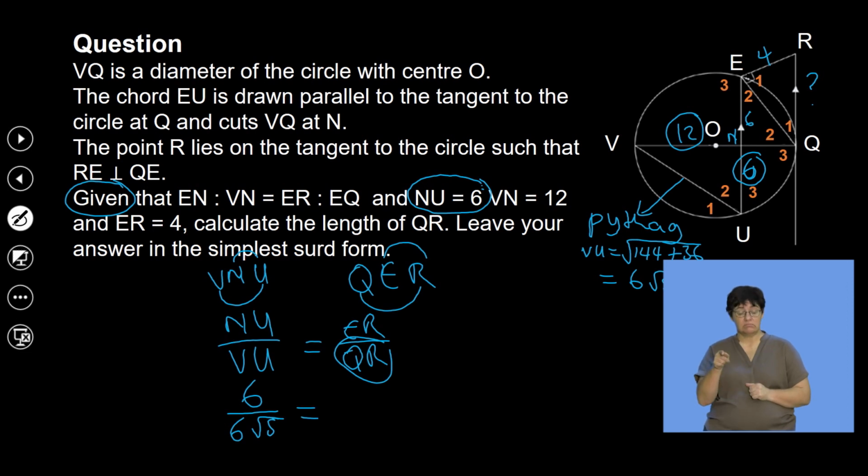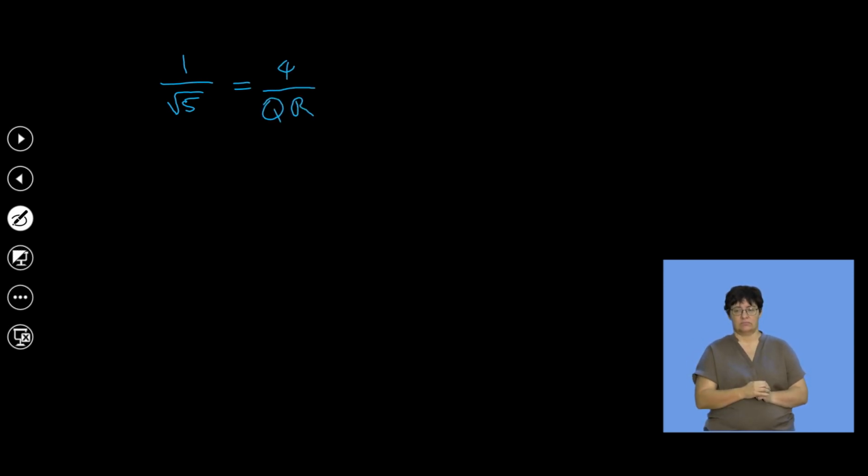And this will be equal to my ER, I also know it, it was 4 over QR. So I'm just going to rewrite this. So the 6 and the 6, already you can see that they're going to divide each other. So now I'm left with 1 over square root of 5 is equal to 4 over what they want me to find, which is QR.